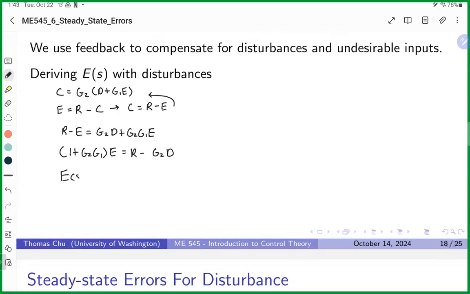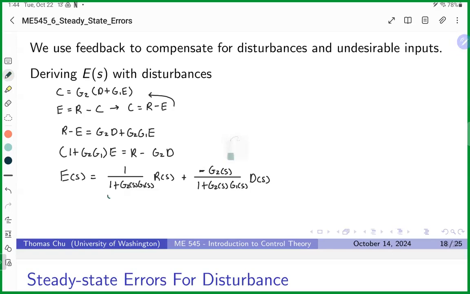Then we divide both sides by 1 plus G2G1, and we get this. 1 over 1 plus G2 of S, G1 of S, multiplied by R of S, minus G2 of S, divided by 1 plus G2 of S times G1 of S, multiplied by D of S. And actually, to write this, I like to write it as minus G2 divided by G1 times G2 plus 1.